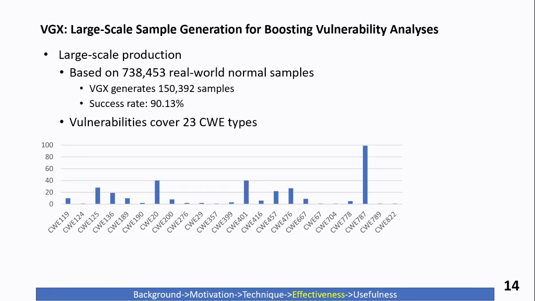So let's say originally the training data set is 10% vulnerable, 90% negative, which means they're normal. Now, if you want to augment that training data set, if you add 100 vulnerable samples, then how many normal samples should you also add?